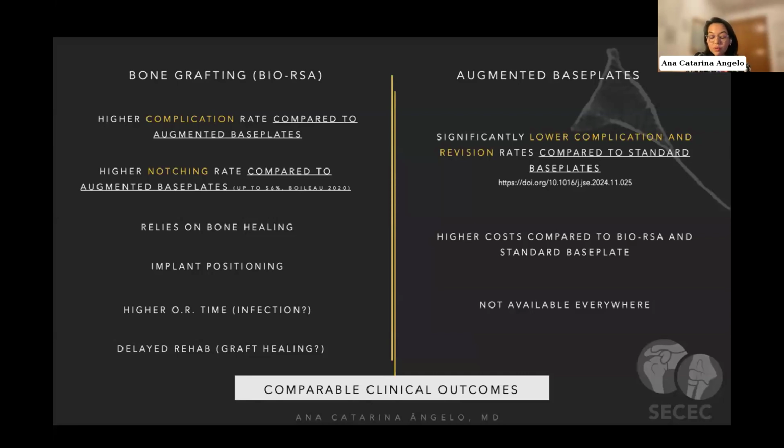But they show, to date, lower complication and revision rates compared to standard base plates. And when comparing to BioRSA, the BioRSA, due to the higher notching rate, has a higher complication rate than augmented base plates. It relies also on bone healing, so you have to wait in the first period after the reverse for the bone to integrate on the base plate.